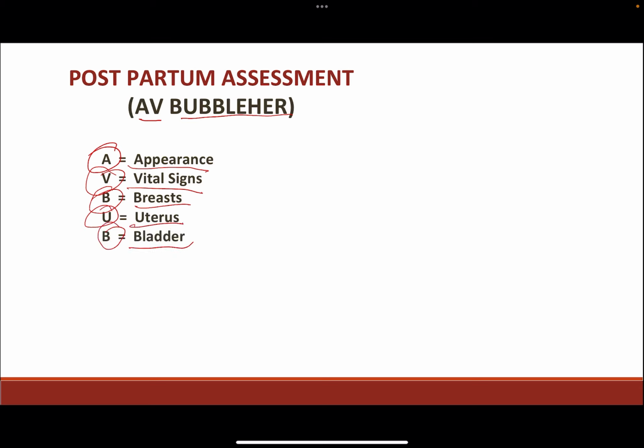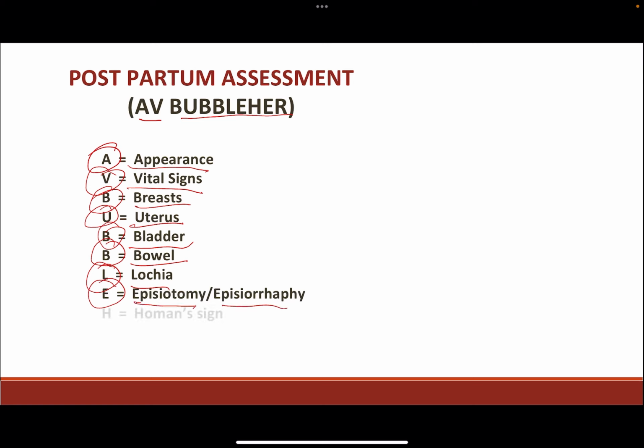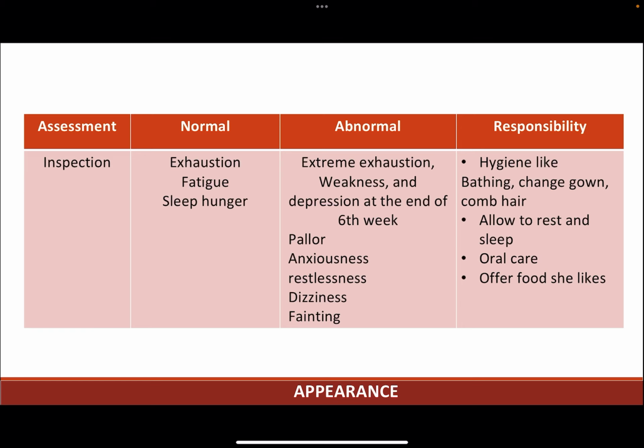B is for bladder. B is for bowel. L is for lochia. E is for episiotomy. H is for Homan sign. E is for emotion. And lastly, R is for the REEDA. So that is our postpartum assessment.